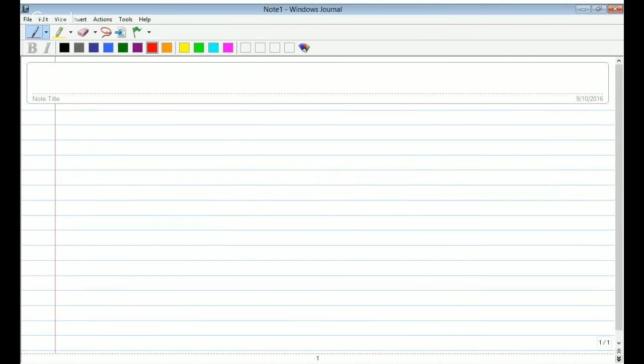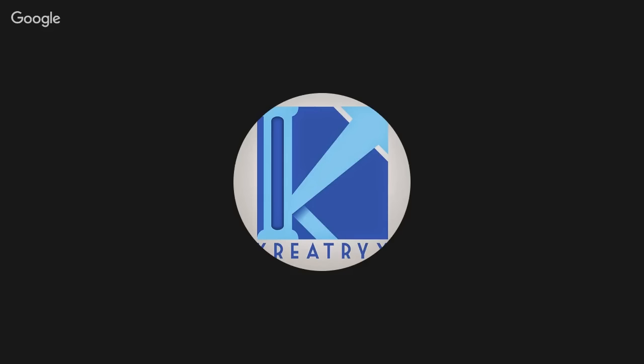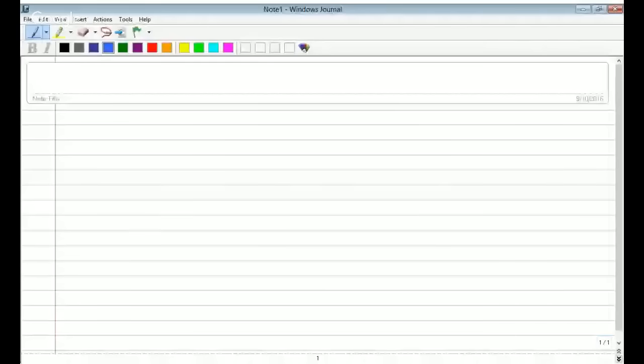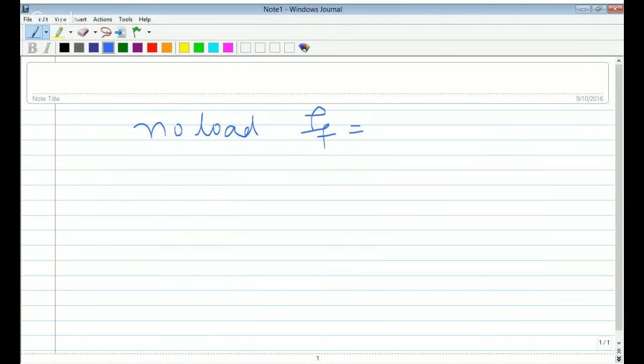So let us proceed. It is saying at no load, IF is equal to 2 ampere.